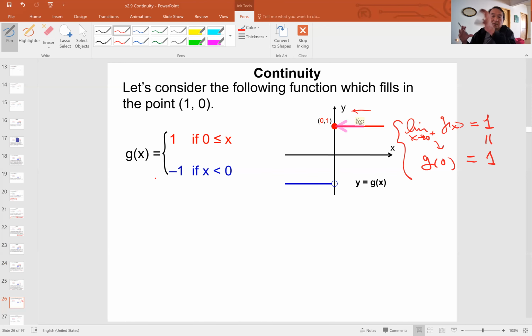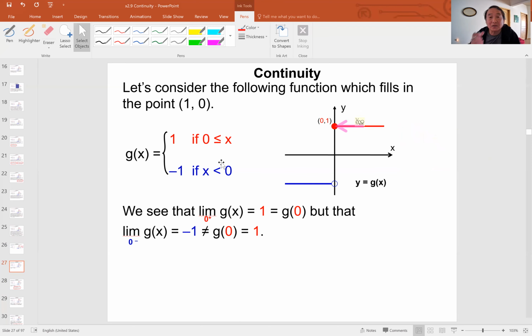It's sealed, closed up, it's there, and in this case we say the function is right continuous at 0, coming from the right-hand side, the positive side.